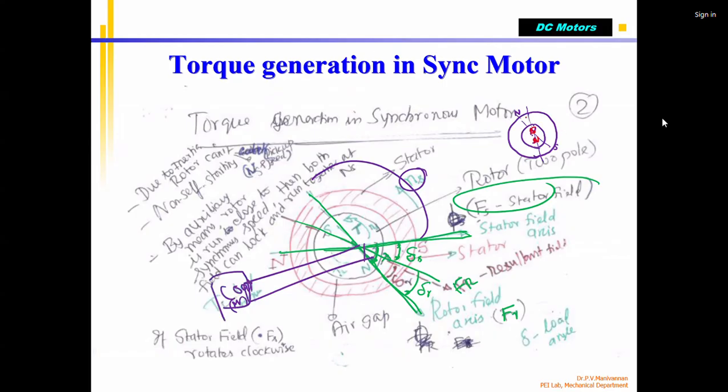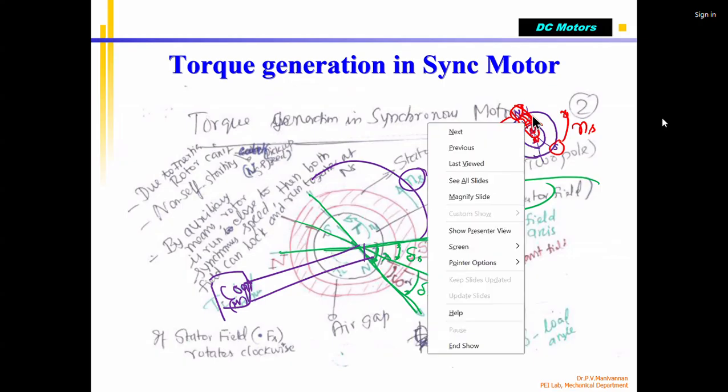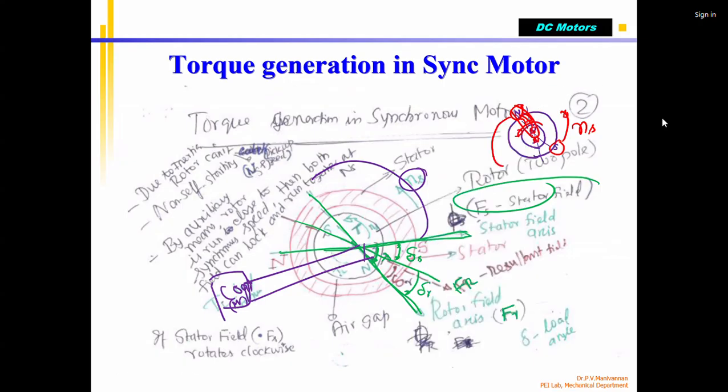So this magnet wants to go and join, get attracted. That means the rotor realigns, trying to catch up. The stator north and south poles rotate at Ns, and the rotor magnet wants to get locked with this, it has to align exactly like this. But you will see there's a small angle, correct? That's why this is called a load angle.